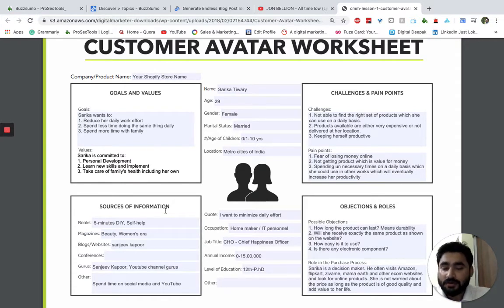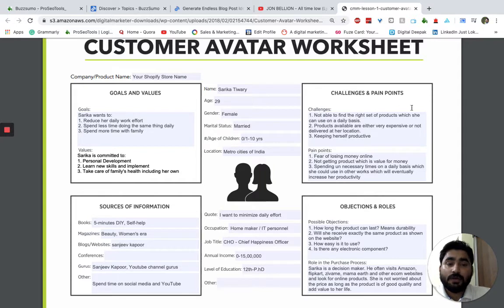In terms of blogs, she is interested in Sanjeev Kapoor. Conference wise, she might attend a conference or two, but that's not very specific. As for gurus, she must have a guru called Sanjeev Kapoor, or some YouTube channels where people talk about cookery, recipes, cuisines, variety of foods. The other thing Sarika does is spend time on social media and YouTube.